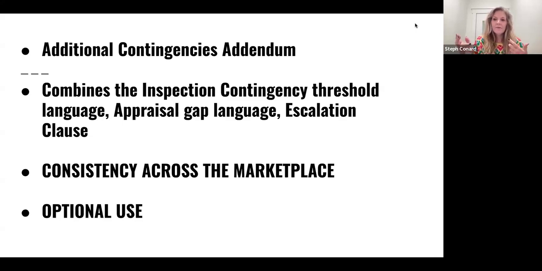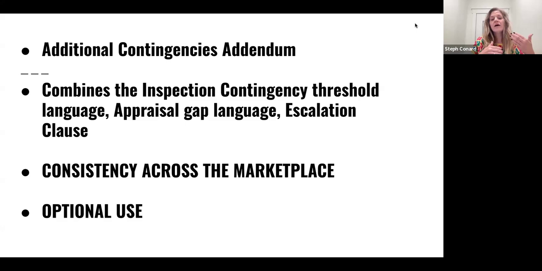It was created a few years ago to put uniform language to all of the random provisional language that agents were using.